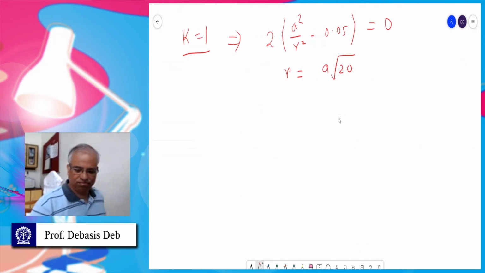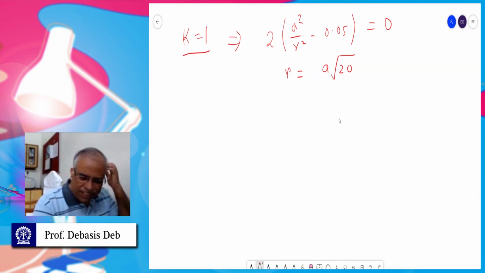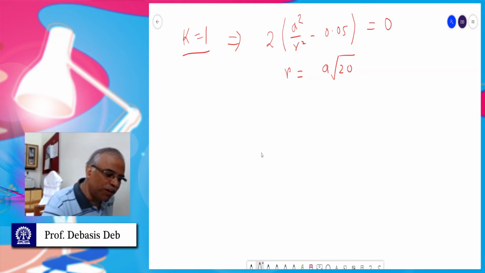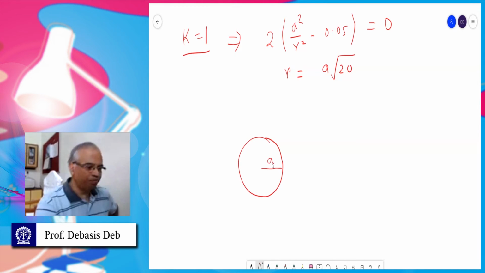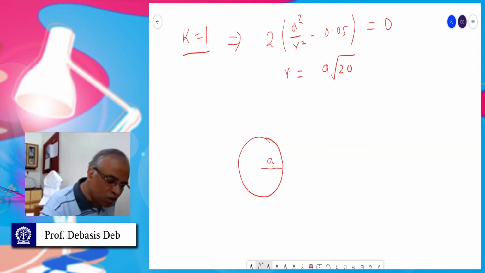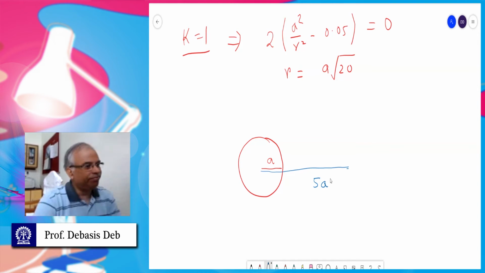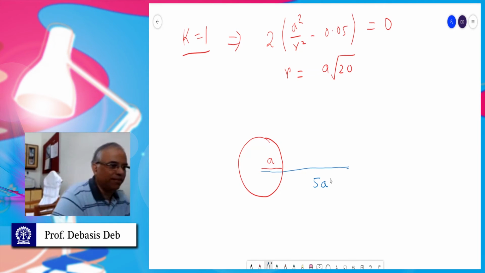How much will it be? About 4 point something, right? Okay, so let's assume I go all the way up to 5, because there is no point of saying some point here. So if this is my A, I must go to a radius which is 5 times of A. Let's assume I'm going all the way up to 5 times.